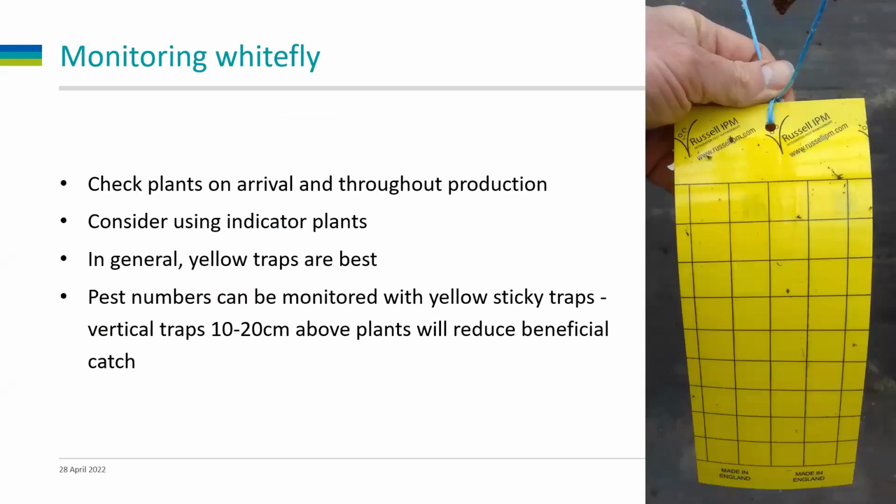So carrying on with the monitoring of whitefly, as I've said, really checking plants thoroughly when they come in is very good. Having some sort of plant health check rather than just merging them straight into production can really help to prevent problems spreading. We talked about indicator plants, and yellow sticky traps are best for whitefly.